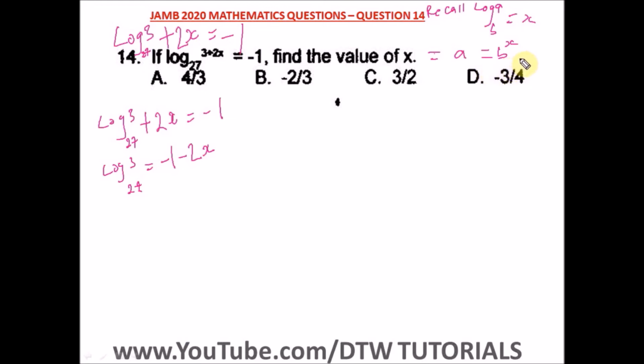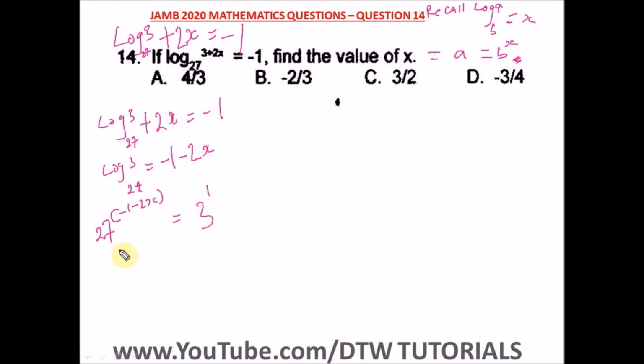So this is the ideology of exponential indices. Judging from this, you can now say that we have 27 raised to the power of minus 1 minus 2x equals 3 to the power of 1.